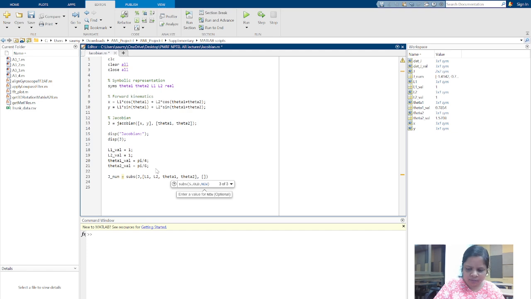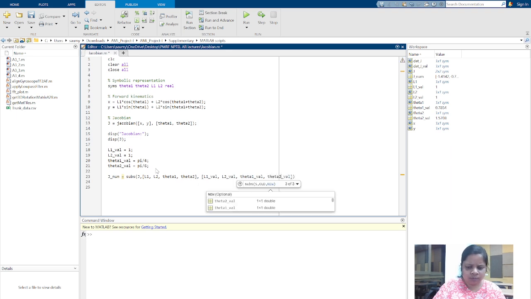So it is going to be L1 val, comma, L2 val, comma, theta 1, comma, theta 2 value. Okay, so this is the way in which you're substituting all the values. We've terminated with a semicolon.